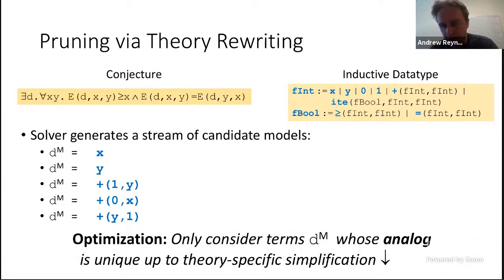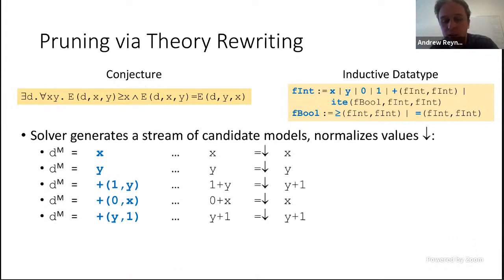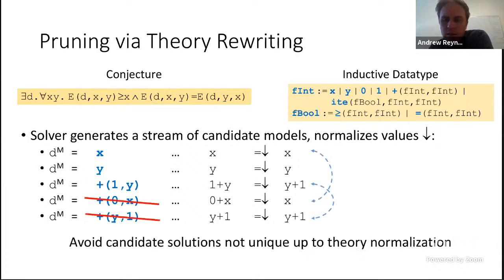In SMT solvers, we spend a lot of our time developing these simplification techniques, which I'm writing with a down arrow here. The basic idea is you convert these data type values into the corresponding terms, and then discard the terms that are not unique up to theory normalization. So I would discard y plus 1 if I had already considered 1 plus y, for instance.